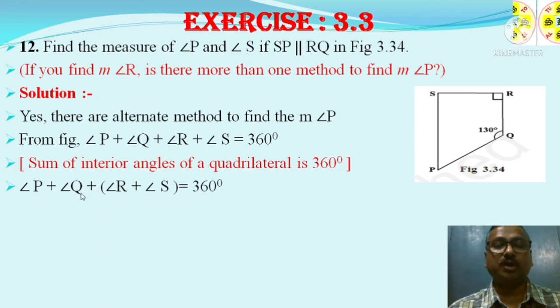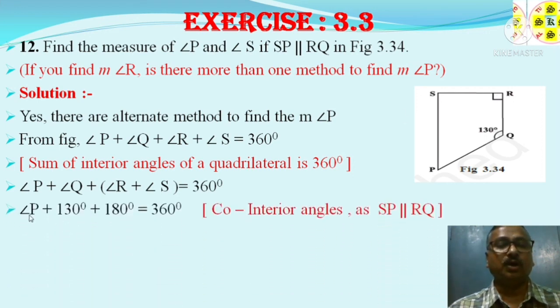The sum of interior angles of a quadrilateral is 360 degrees. So angle P plus Q, plus R plus S. Why am I writing R plus S within brackets? Since these are adjacent angles and the two lines are parallel, we can directly write 180 degrees. Or separately, if R is 90, S is also 90, so you can substitute.